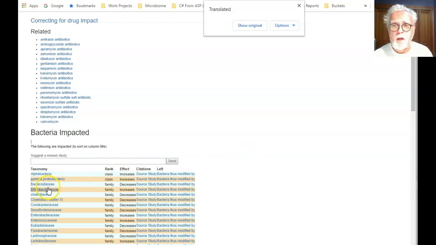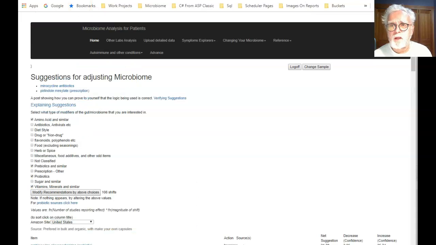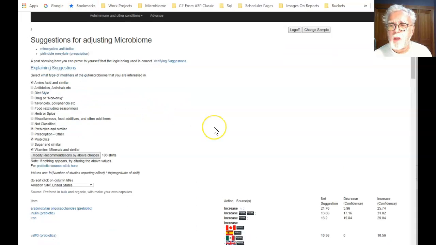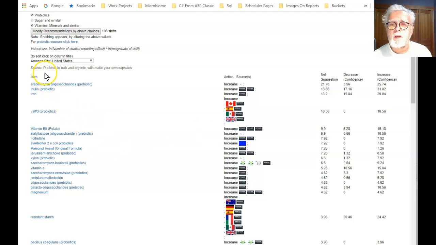For example, this one will increase bifidobacteria, which is probably a good thing. Other things, it will decrease. But if we want to compensate as a whole, we go back here, and you'll see we have a variety of things.